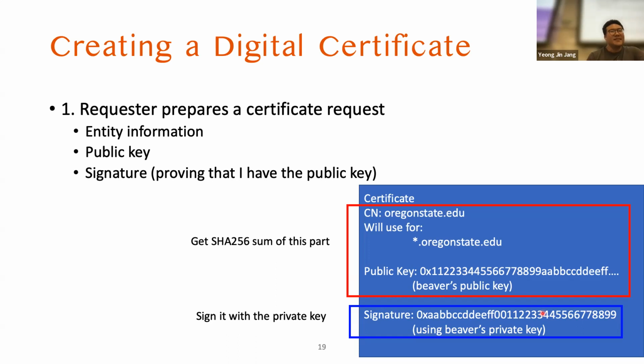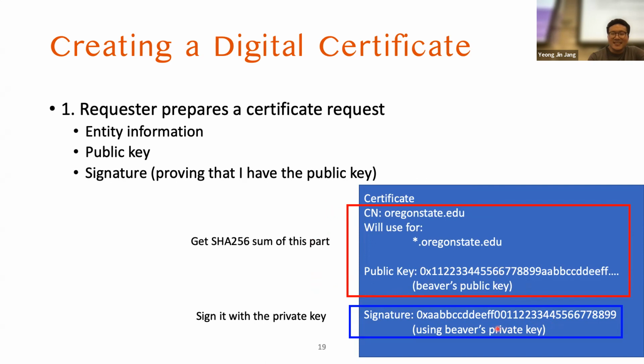Later, if we decrypt this signature with the corresponding public key, then we should get the same SHA-256 sum. The security feature here is that we are verifying the SHA-256 sum of this part. So if the public key has been changed, then the signature will be mismatching.